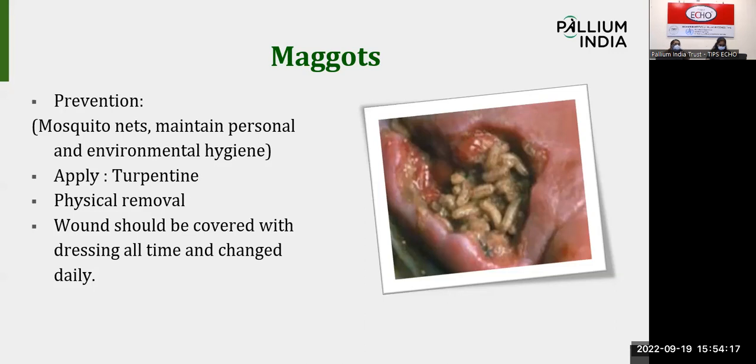Once the patient has developed maggots, you can apply turpentine. Not directly poured onto the wound; you can soak the turpentine in a gauze piece and keep it close to the wound. At that time the maggots will come out. So you can remove them with your artery forceps and put them in hot water.